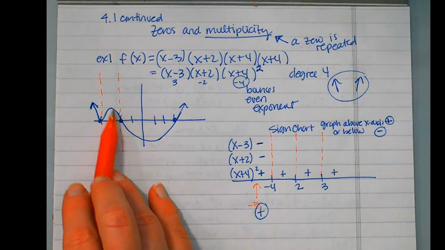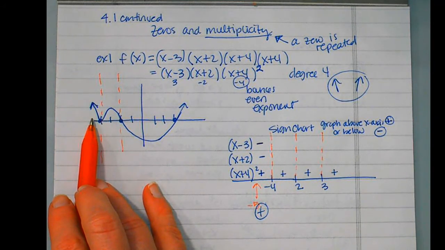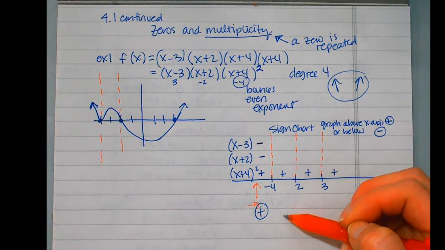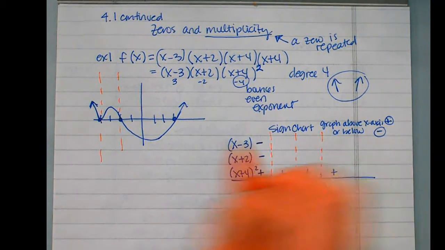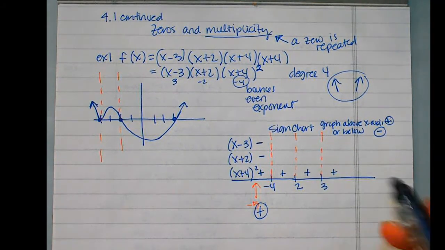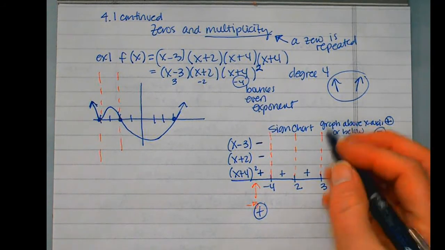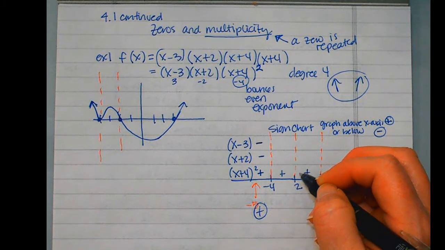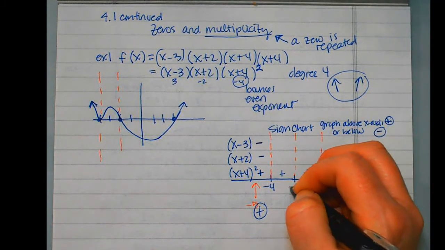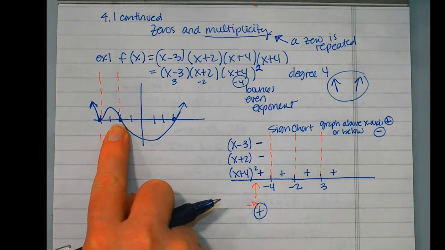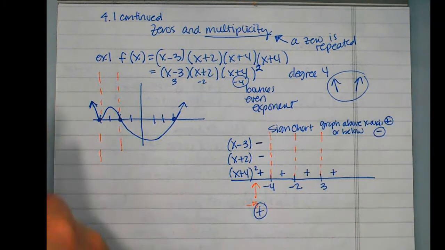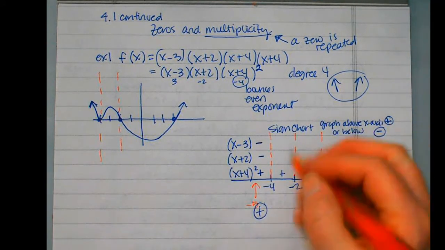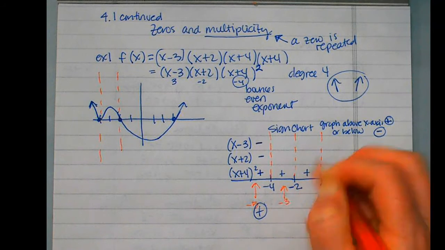Is this above or below the x-axis? It's above. So I should get a positive value for this one too. Let's see. Pick me a number between -4 and 2. Oh, it's supposed to be -2. This is -2. My bad. So it has to be -3, right? That's the easiest one to plug in. So what I'm going to choose is -3.